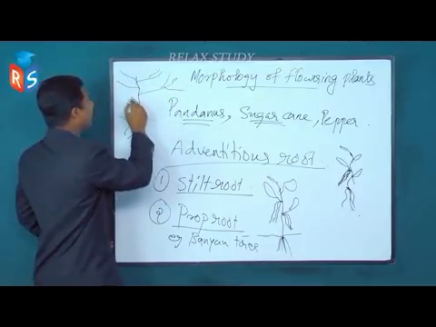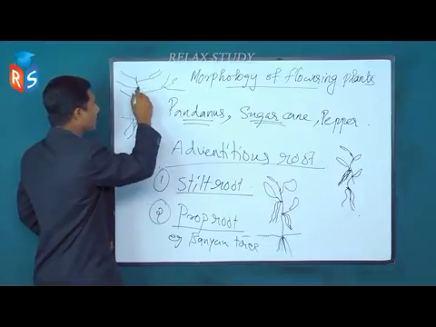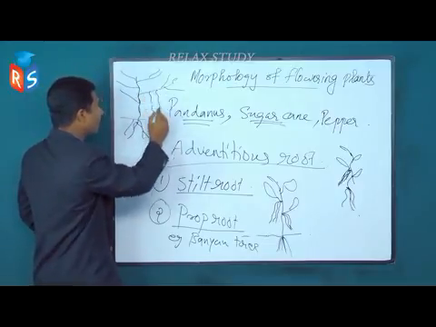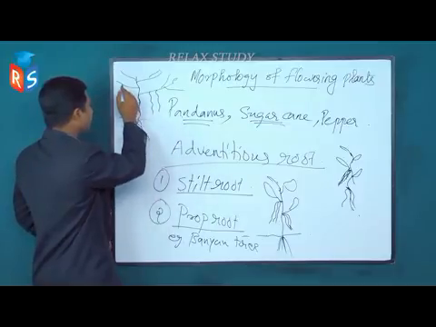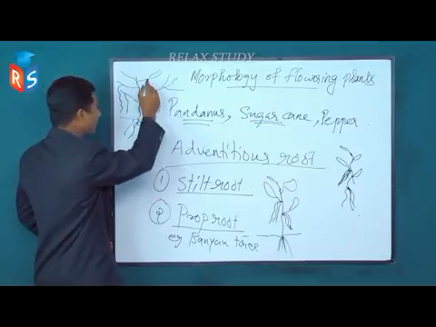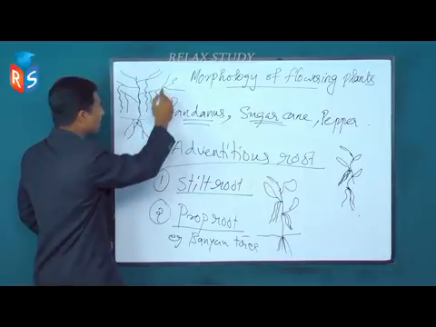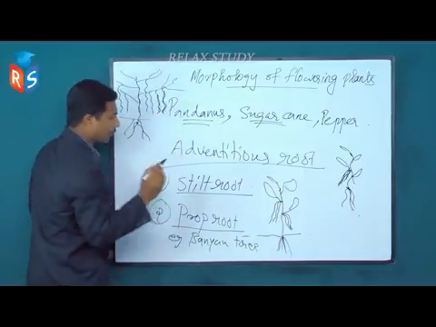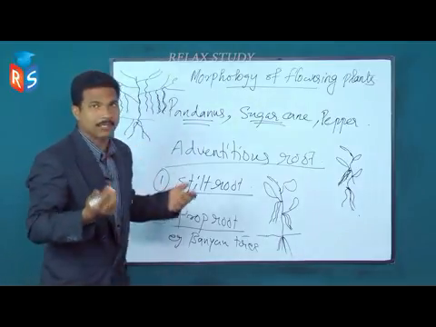Sometimes roots develop not from the main branch but from the lateral branch, towards down like this. Such roots are known as prop roots. Its function is also mainly supporting.